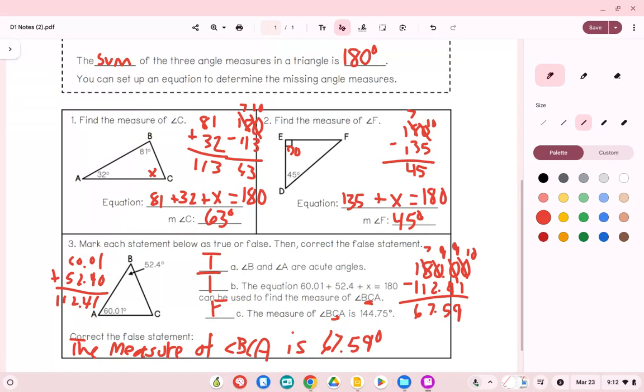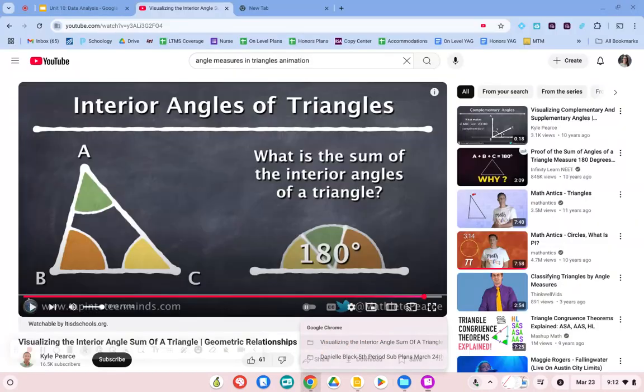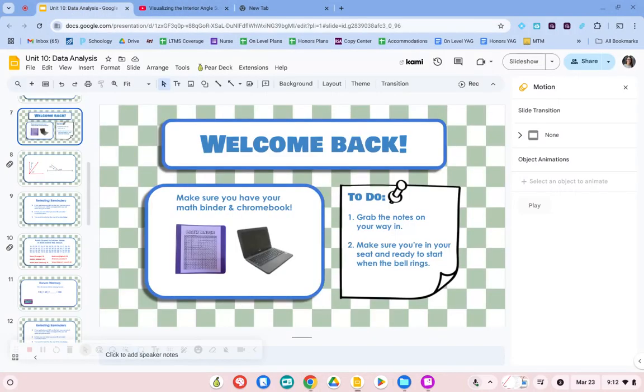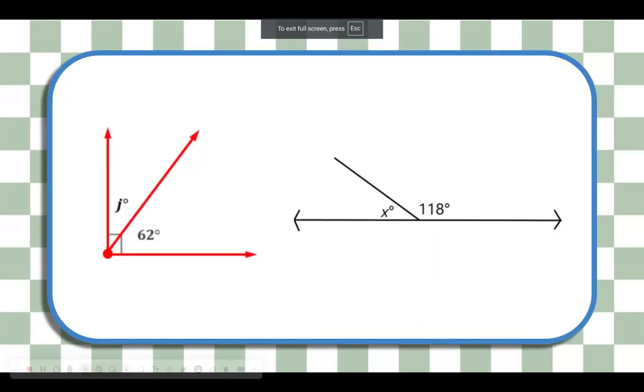There's one other thing I want to show you that's going to help you with your next assignment. All right, so let's say you come across something like this. Look at the red angle. See how it's a right angle? You see the little square, but it's split up.